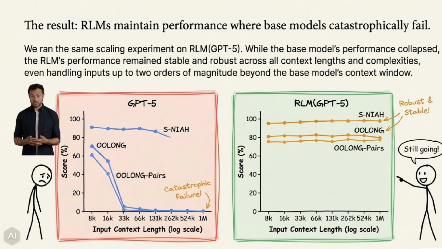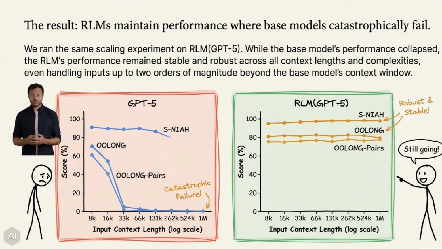Here's the key takeaway. RLMs keep working in regimes where the base model falls apart. They repeated the same scaling experiment, but this time with RLM built on GPT-5. On the left, the base GPT-5 starts strong at shorter contexts, then performance drops sharply as inputs get longer, especially on the more demanding OOLONG and OOLONG-Pairs tasks, until it essentially collapses.